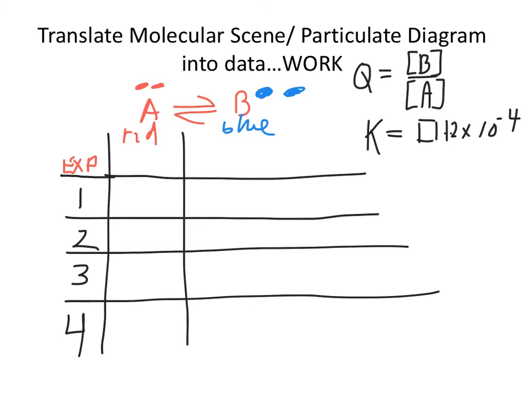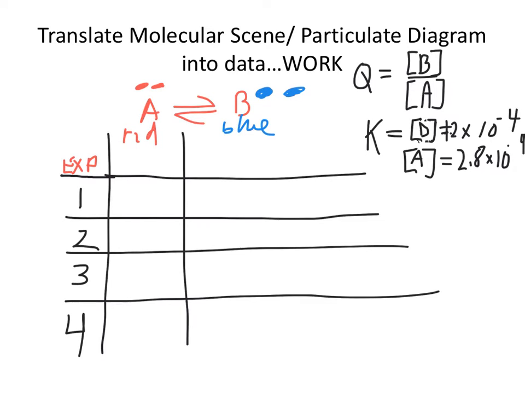Let's see, how do we erase part of this? Okay, so this is the concentration of B at equilibrium. And the concentration of A at equilibrium was given as 2.8 times 10 to the minus 4.